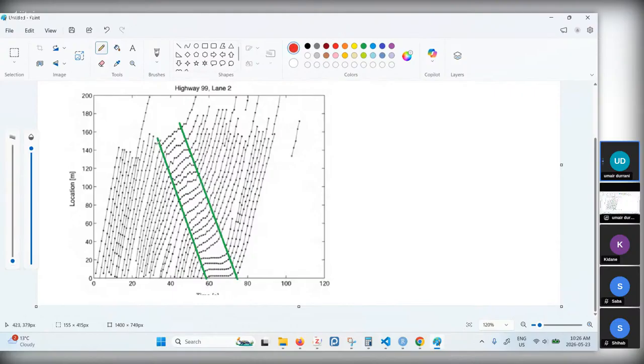So if we estimate, for example, the slope of this line, let's do that here. This is about 160 meters. Let's see, what's the x here? X is roughly 55 and 160.